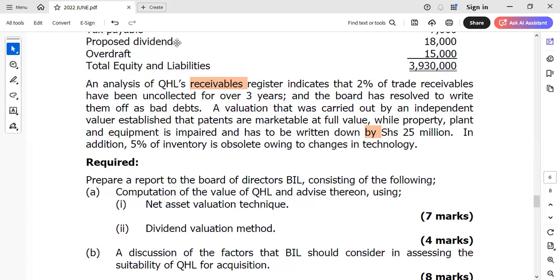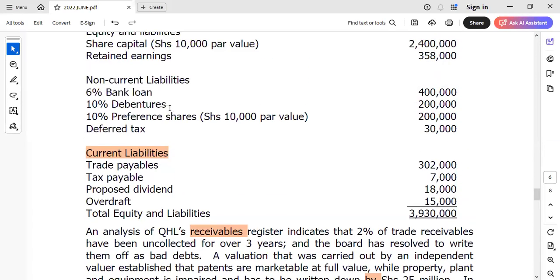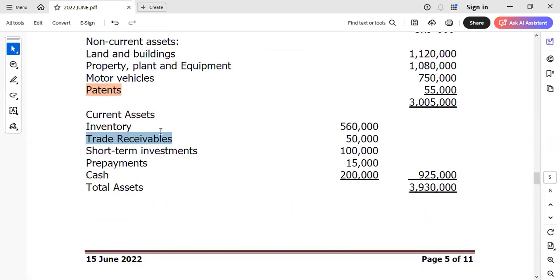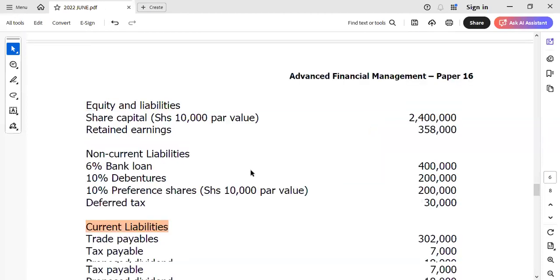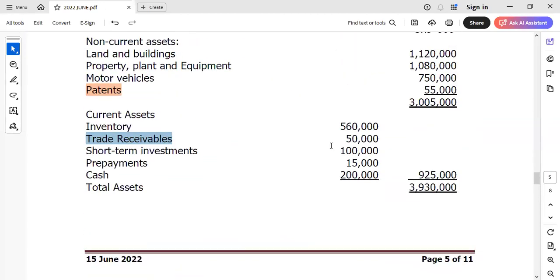Remember, if you provide for bad debts or write off, you are going to reduce the book value of trade receivables. So we are going to adjust this figure by 2%. A shortcut: simply get 98% times 50,000.